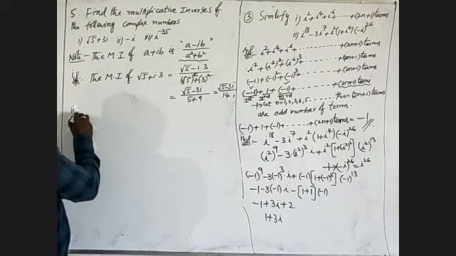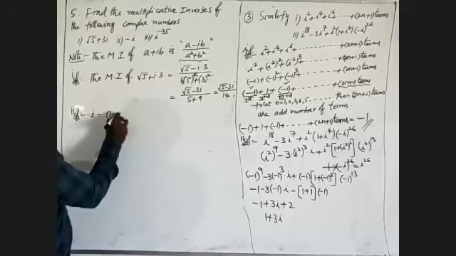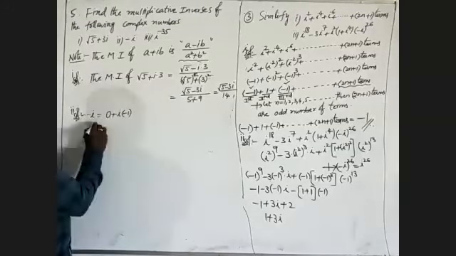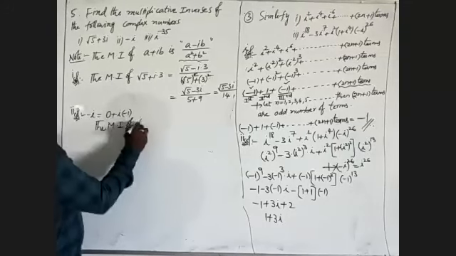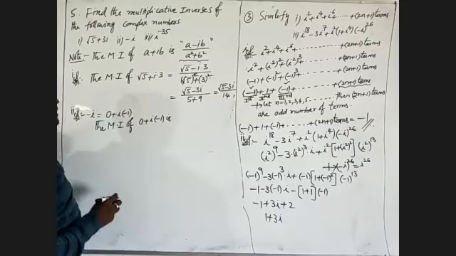Now I am going to the second one, that is minus i. Minus i, I have to write as 0 plus i into minus 1. The multiplicative inverse of 0 plus i into minus 1 is, plus will become minus.